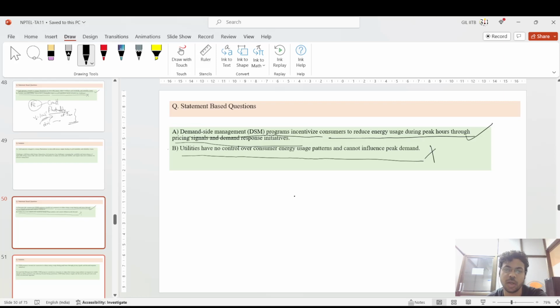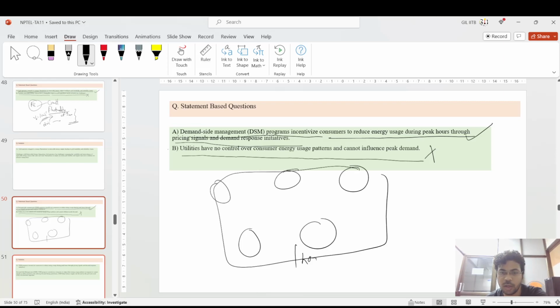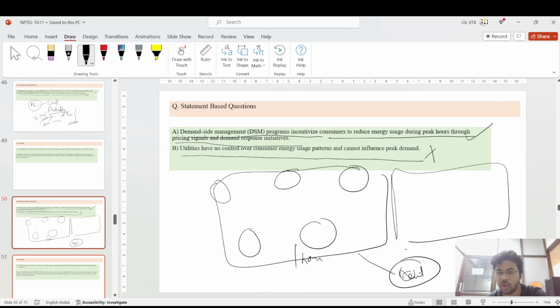The second statement is that utilities have no control over consumer energy usage patterns and cannot influence peak demand. That is false. As I told you, there are critical loads in a house, and there are other houses as well, all connected to one central controller. Inside each house also, a central controller communicates with each appliance.